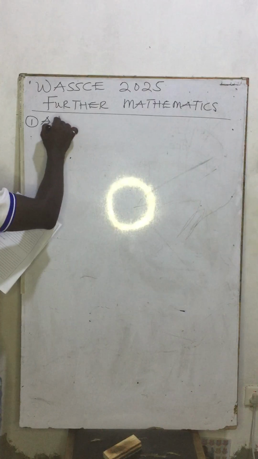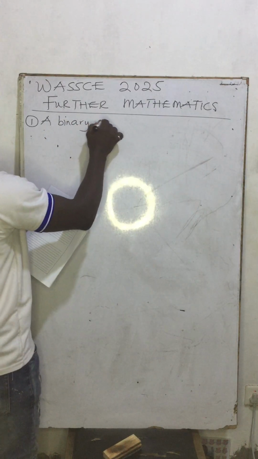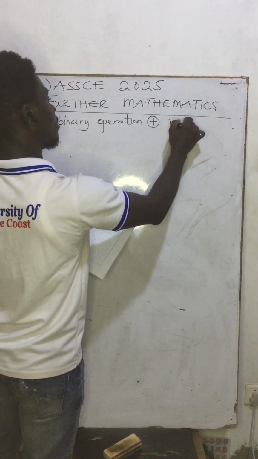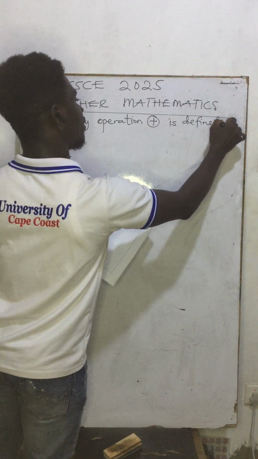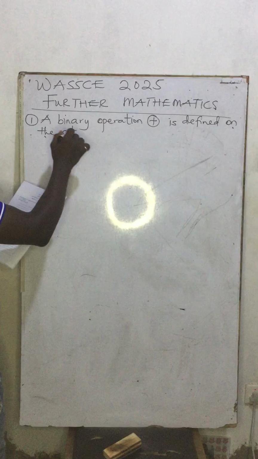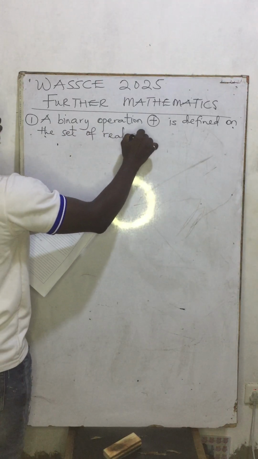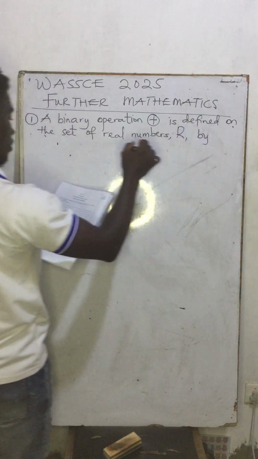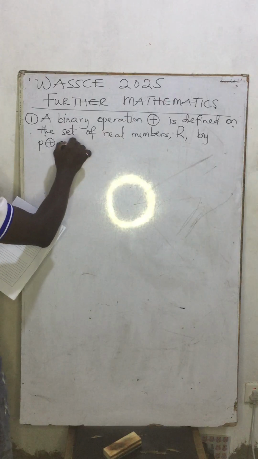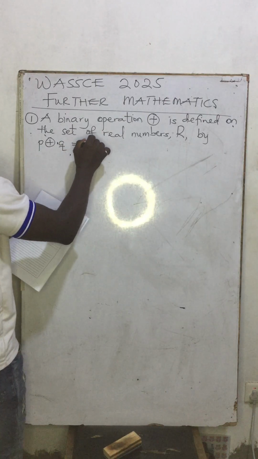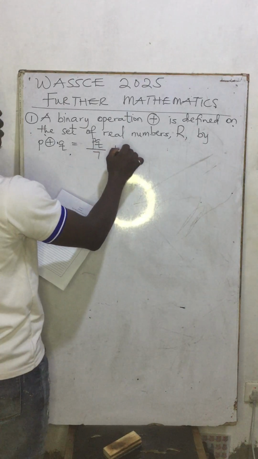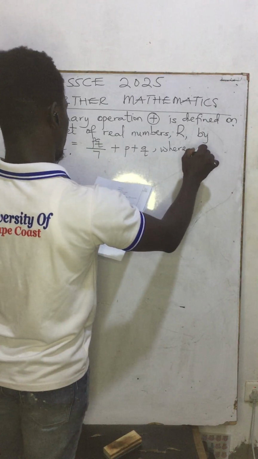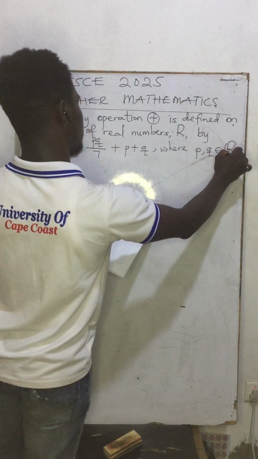Question 1, they give us a binary operation, plus, defined on the set of real numbers R by P operation Q equals PQ over 7 plus P plus Q, where P and Q are elements of the set of real numbers.